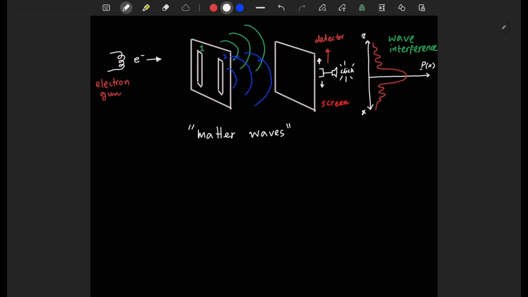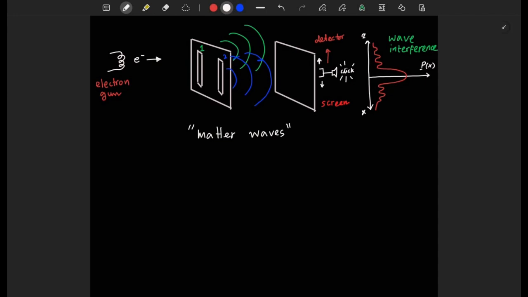And if we have a low intensity laser beam, which ensures that one photon per second is emitted, then you would see a very similar graph of probability distribution to the one you see here with the electron gun. So essentially, electrons are behaving like light.